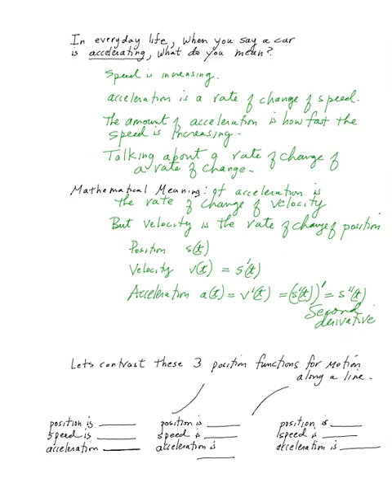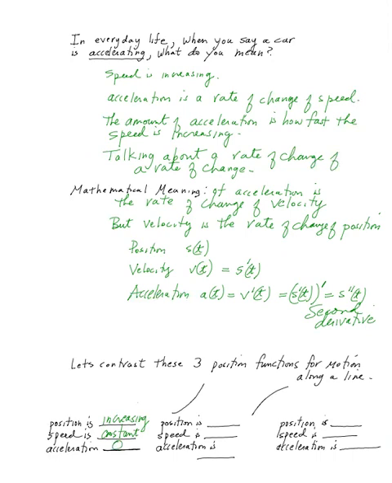In this first case, the position is increasing. We're walking away from the CBR. But the speed is constant because the slope is constant. There's no acceleration at all.